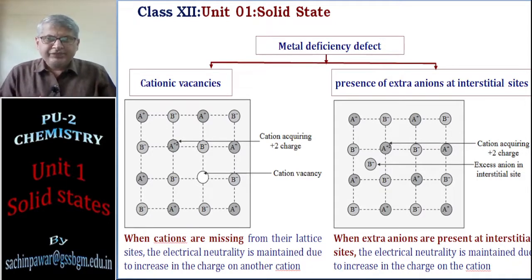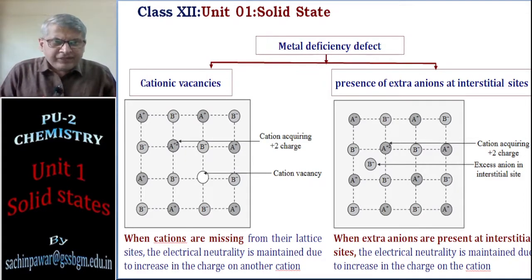So metal deficiency defect, when I say, in cation vacancies, cations leave their lattice site. Cation vacancies means cations are leaving the lattice site, and when the cations are leaving, the positive charge is decreased, and to compensate that, some neighboring cations will have a higher positive charge, so that balancing is there.